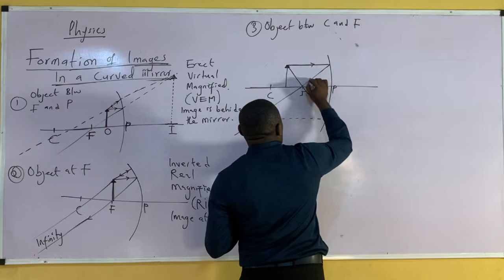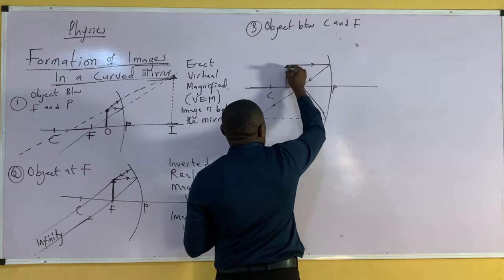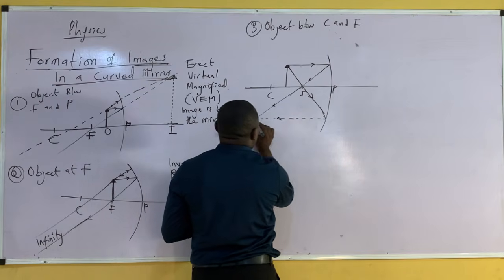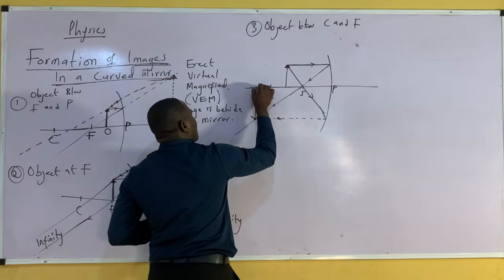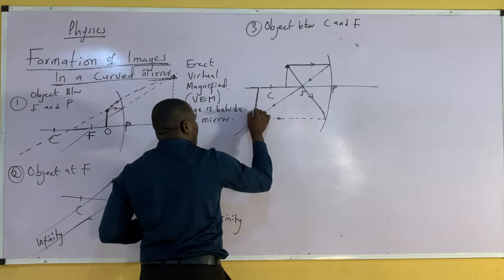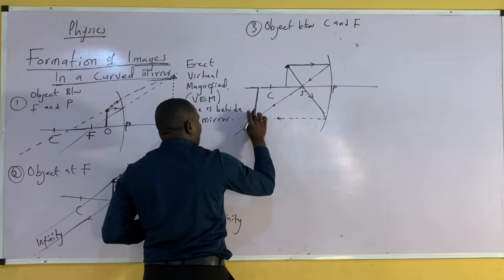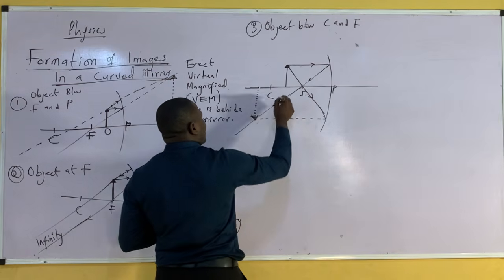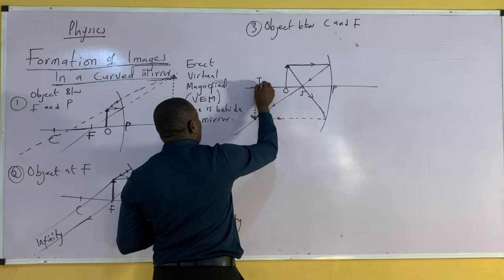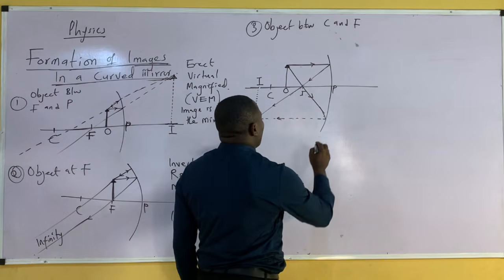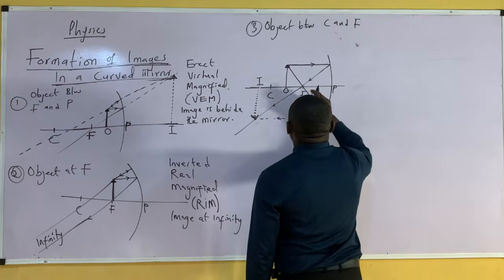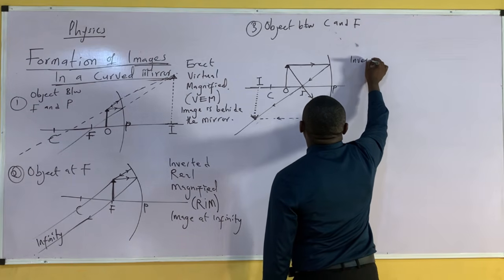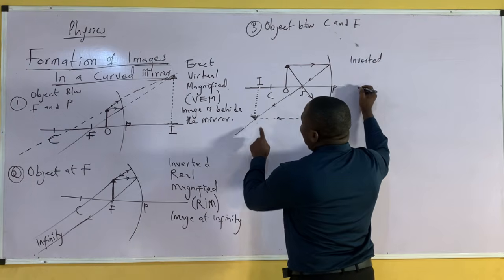This is the head, and this is also the head coming this way. So it will meet here. This is the image formed. I told you the image will be in dotted lines. Now this is the object, but this is the image. The image formed is inverted.